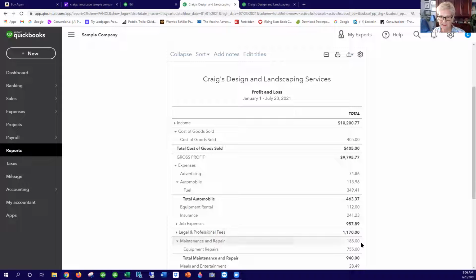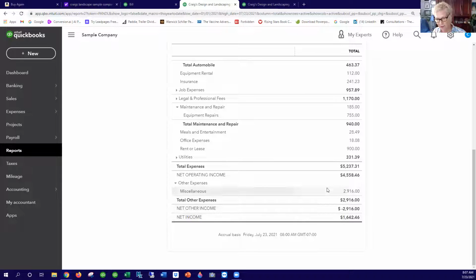It'll show up in this queue. When you then have a profit and loss, that affects your net revenue, your net income. And basically if you've doubled it because you entered it through a bill and you entered it as a check or as an expense or as a credit card expense, then you've doubled those expenses.